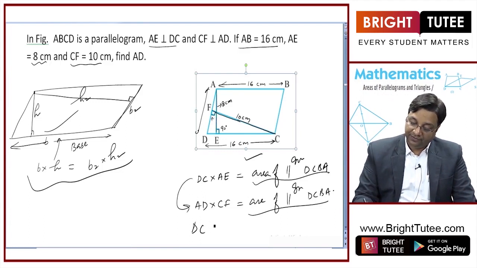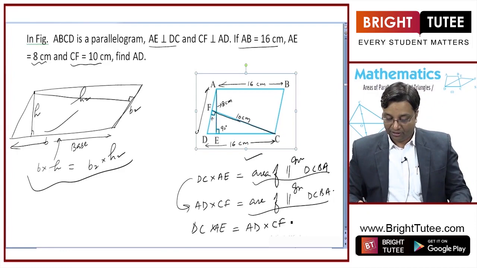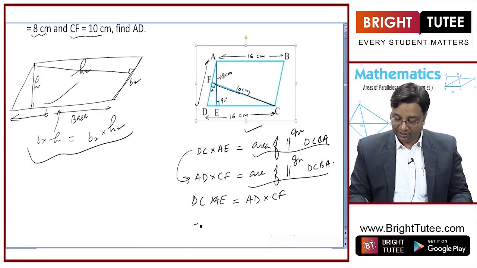So, DC into AE is equal to AD into CF. So, what is DC? DC is 16 centimeter, AE is 8 centimeter and it is equal to AD, that is to be calculated, into CF, that is 10.